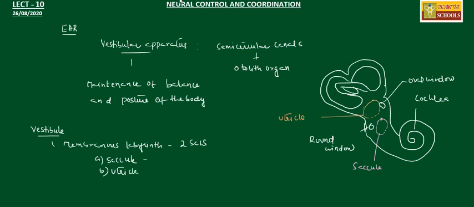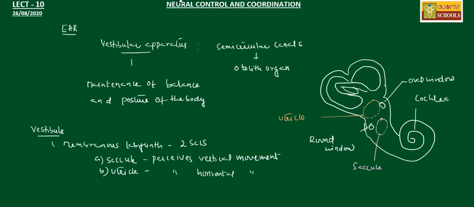The saccule perceives vertical movement, like when you go in a lift. Coming to the utricle, this one perceives horizontal movement.